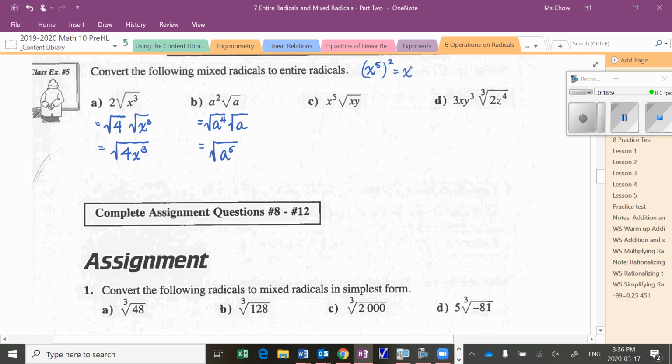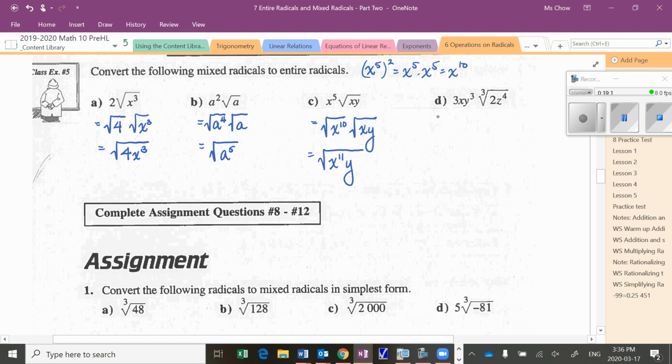That's the same as x to the 5th times x to the 5th, or x to the 10th. So at the end of the day, x to the 5th is the same value as the square root of x to the 10th. Multiply that by the root of xy, and we will have the square root of x to the 11th y.